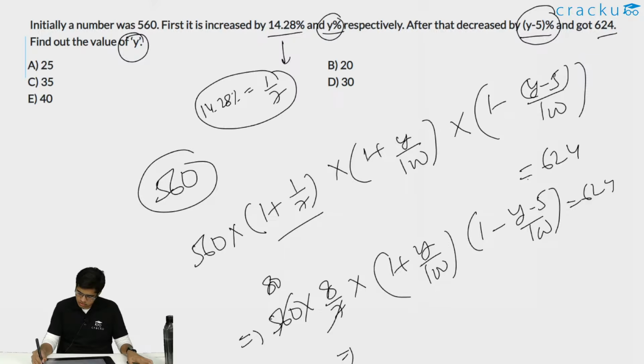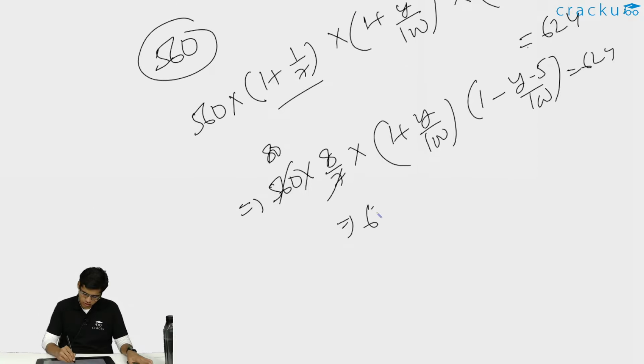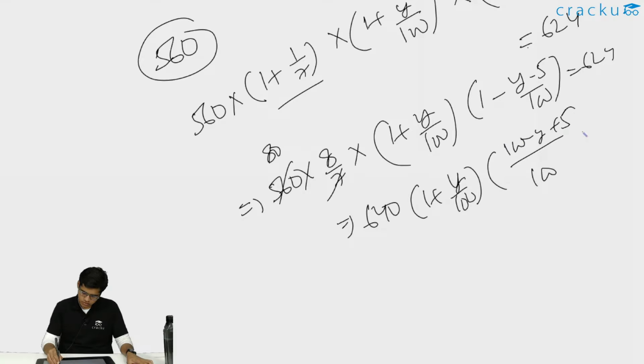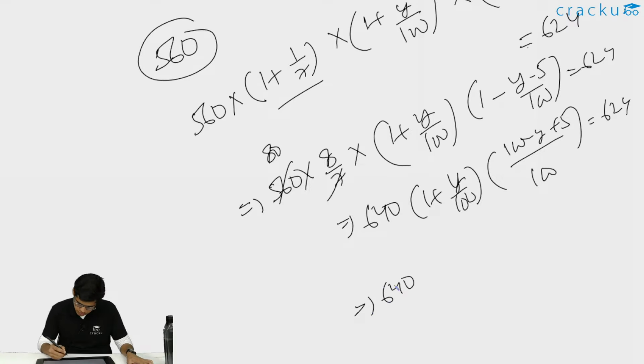So it is 640 into 1 plus y by 100. So this is 100, so 100 minus y plus 5 equals 624 by 640. Okay. So we are having 100 plus y upon 100.